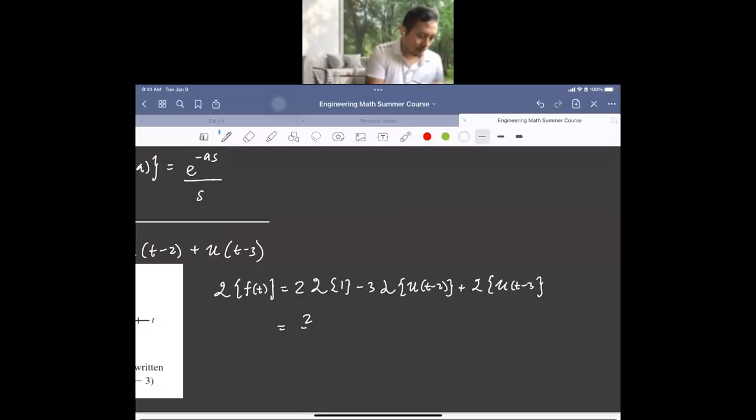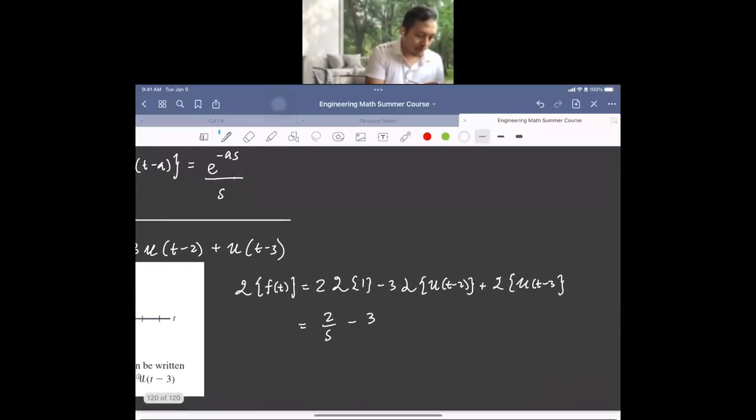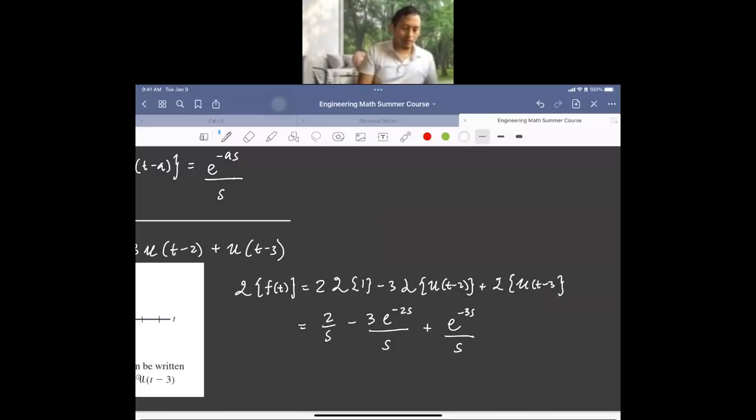This will be 2 over s, then negative 3 times the Heaviside, using e to the power of negative as. Now a is 2, so we write negative 2s, and then over s. Same thing here, e to the negative 3s over s. This is the Laplace of this function.